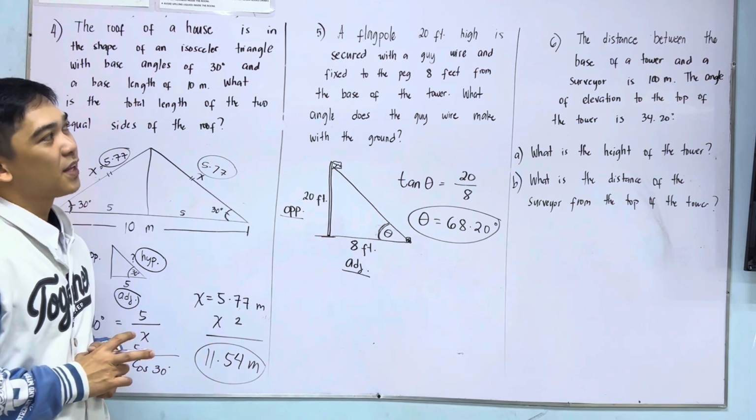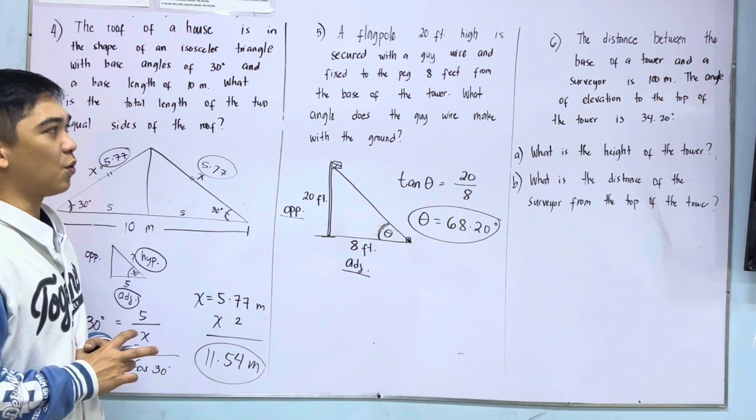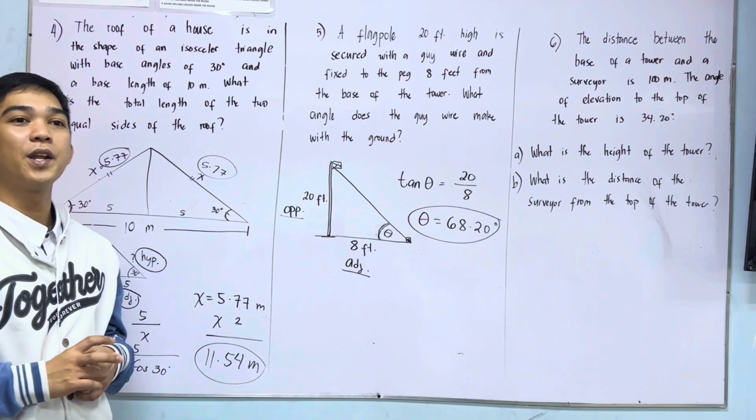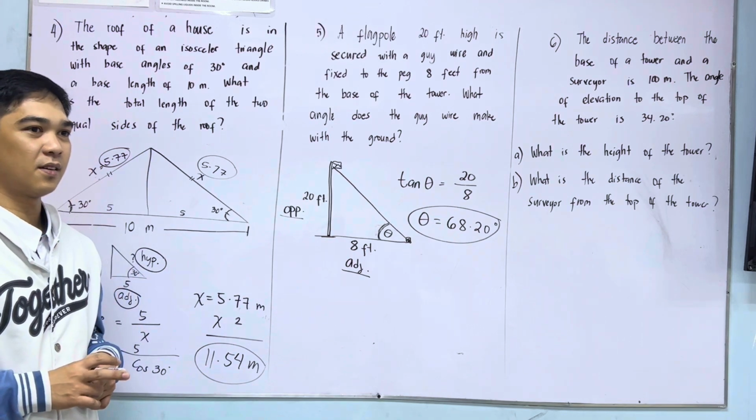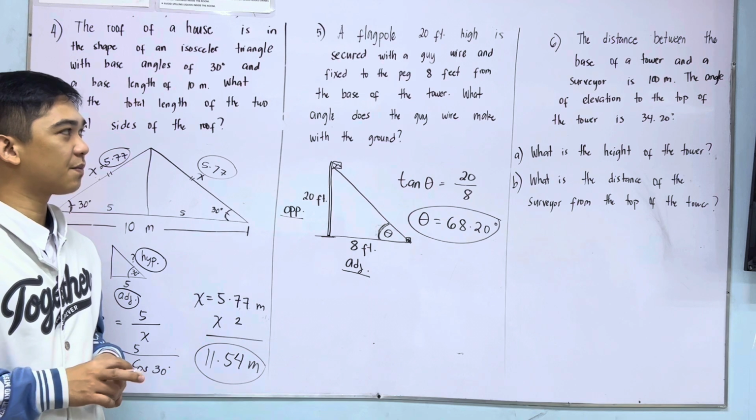Last number. The distance between the base of a tower and a surveyor is 100 meters. Jerry, ano yung surveyor?